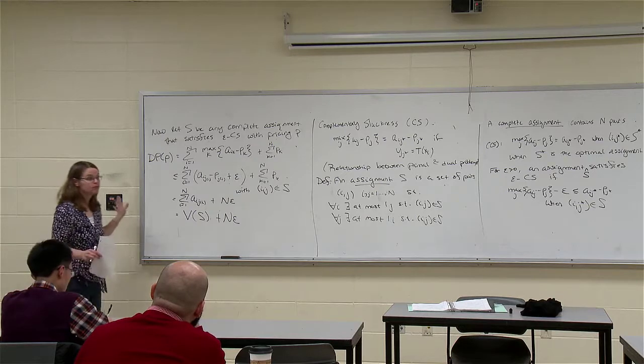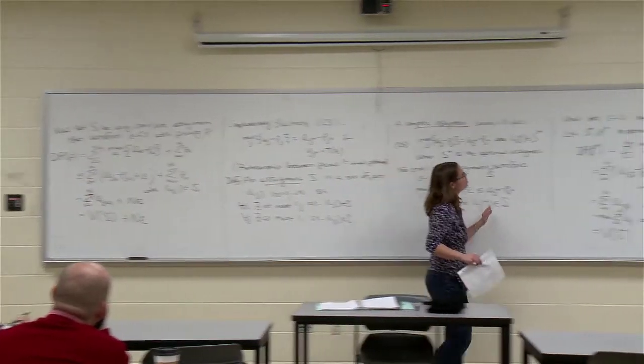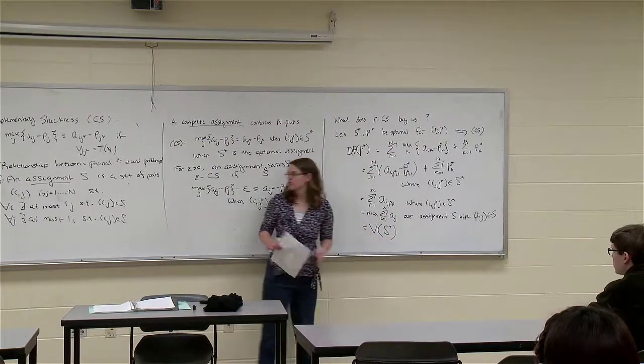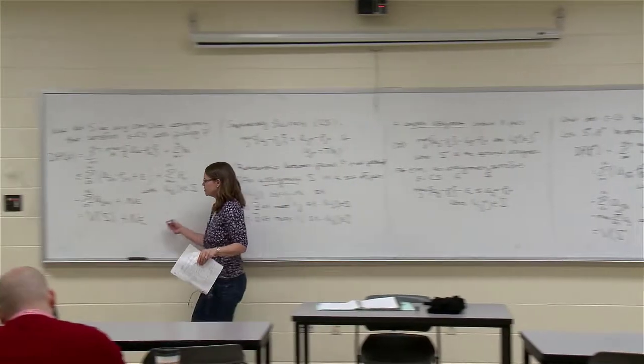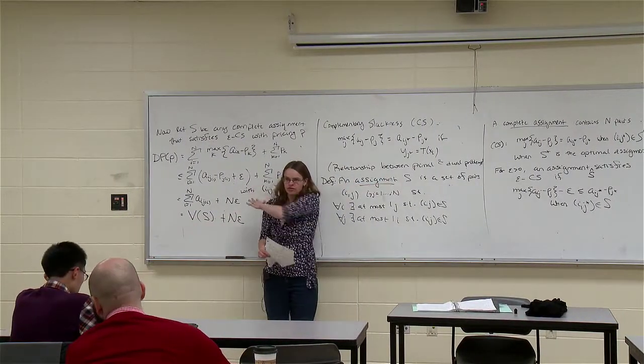Okay, the dual problem was a minimization problem, right? So that means that when I put in the optimal value, this value here is going to be less than or equal to this value here, because that was optimal and this is not optimal.